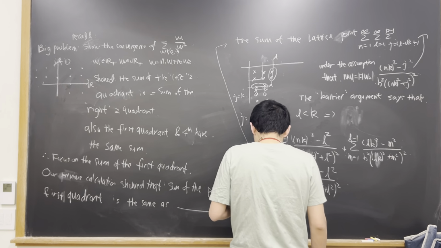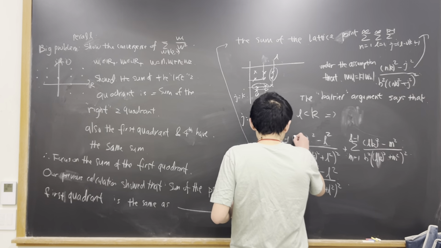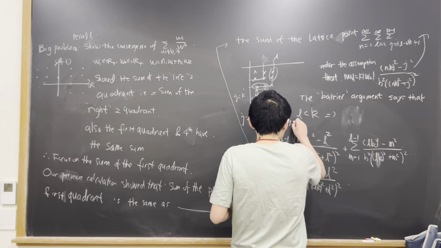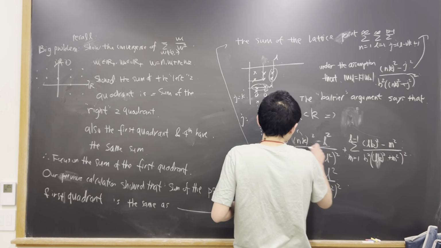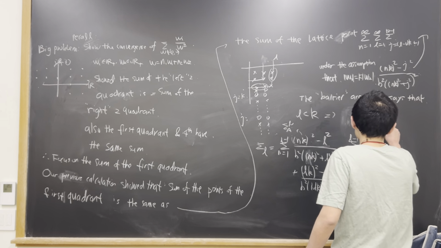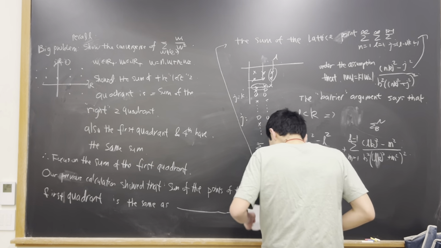So for the numerator sums, I use the letter a to denote the sum of the numerator, and then here I use the sum b of the numerator, sum bn here.